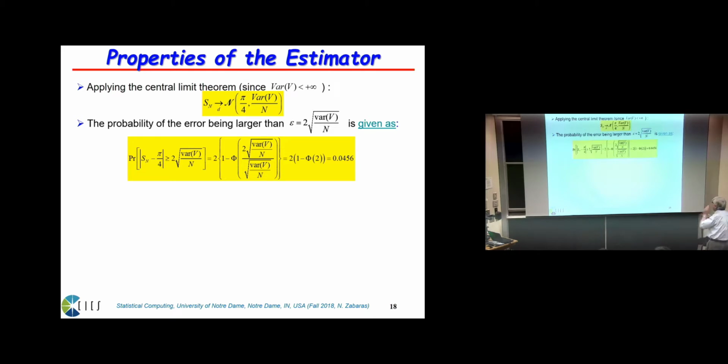So basically I claim here that this integral is 2 times 1 minus phi calculated at 2, where this is the CDF of the normal Gaussian. Can you imagine where this is coming from? What type of distribution is this minus the mean divided by this term, sigma over square root of n?